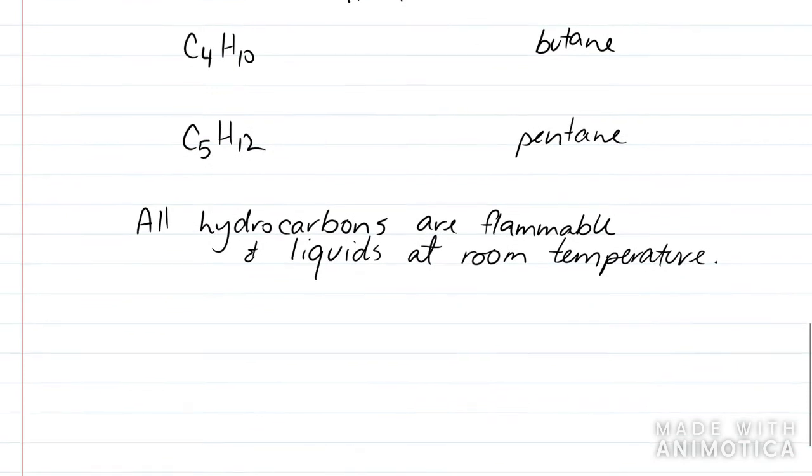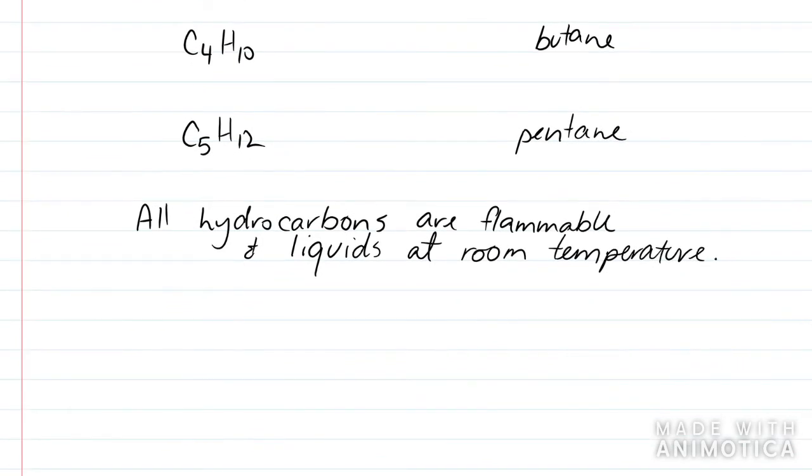Okay, so the other type is called alcohols. And the only difference between hydrocarbons and alcohols is that alcohols have a hydroxide group off their carbon chain.